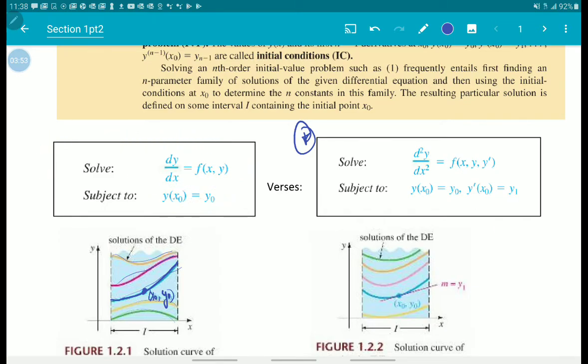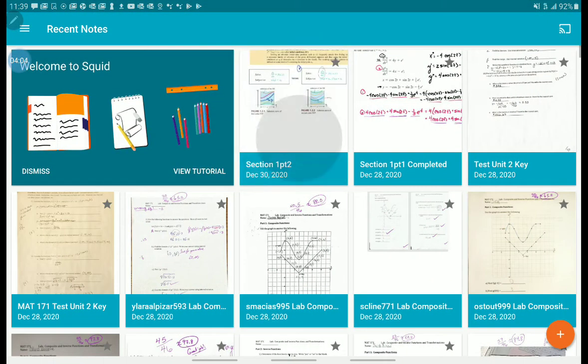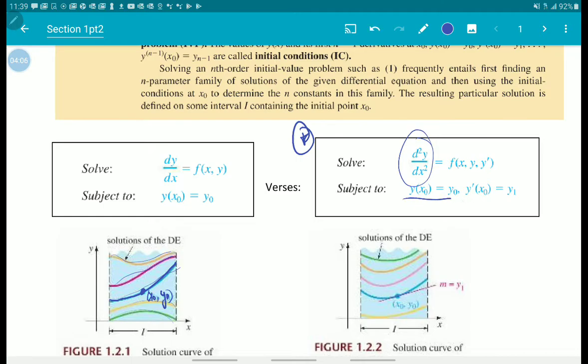If we have a second order differential equation, then when we integrate, we're going to have two unknowns, a C1 and a C2, which means we're going to have two different initial conditions in order to find that particular solution. So in this case, if we were to integrate this, notice that this function, they've got the second derivative by itself here.